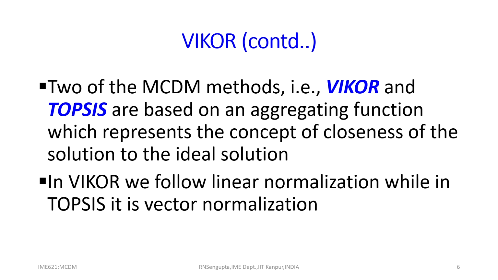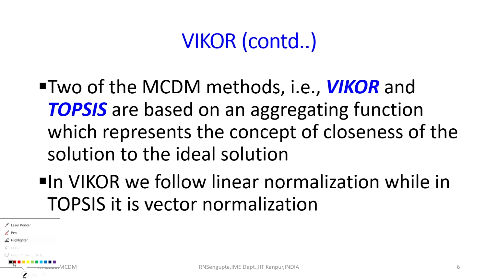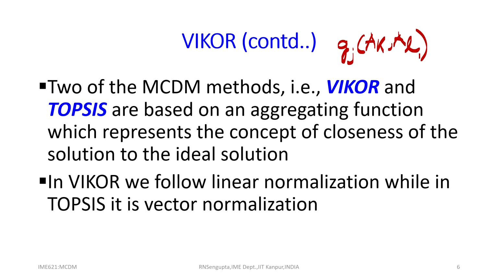Now, if you remember, in the concept of Topsis I did mention, and I will write the functions accordingly, I will use the dark red color. We use the function Gj(Ak, Al). What is this?